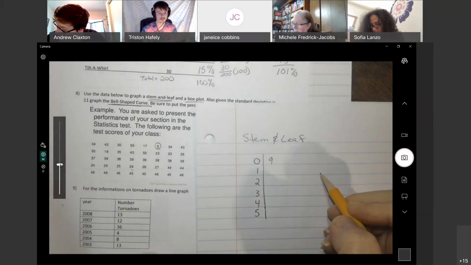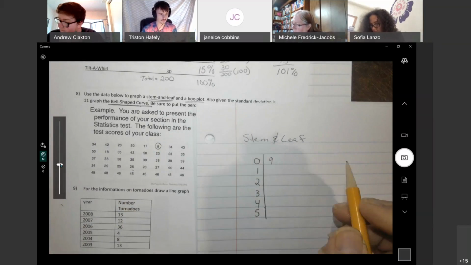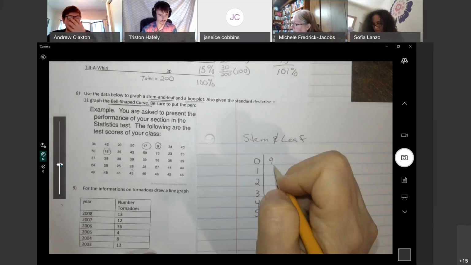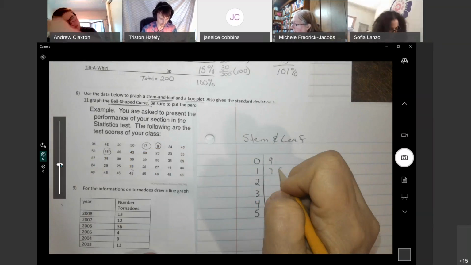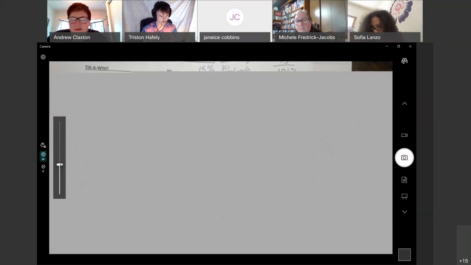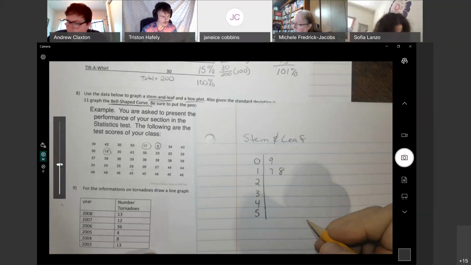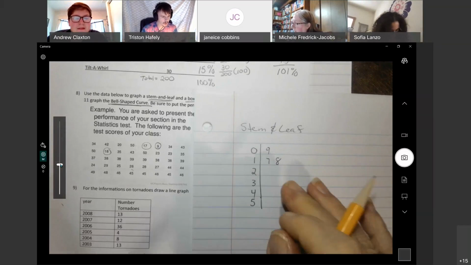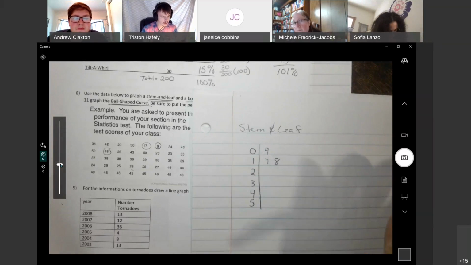Then you look at the tens. For the tens, there's 2 of them. There's a 17 and an 18. So it'd be 7 and then 8. Then we look at the 20s. For the 20s, there's a lot of them. These need to go in numerical order, so you have to find the smallest 20s first.